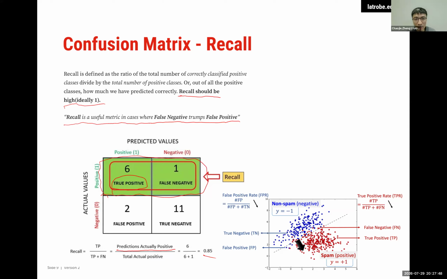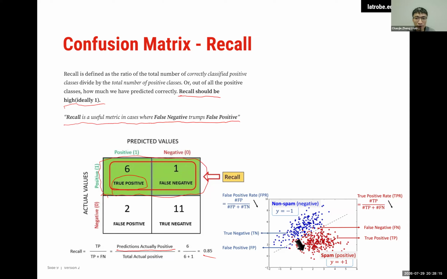So in comparison, if we're comparing precision and recall, in situations where false positives are costly, let's say spam email detection, we will prefer precision, because we don't want important email to be flagged as spam.